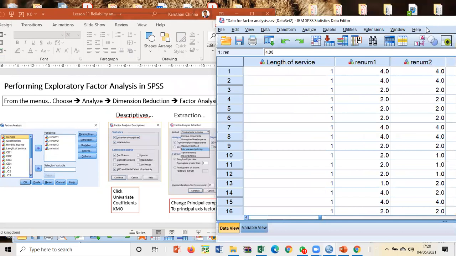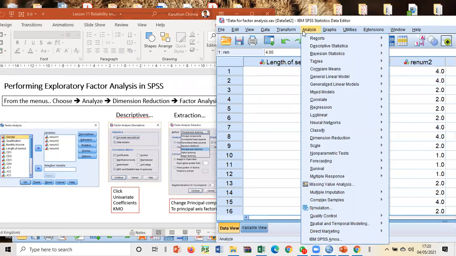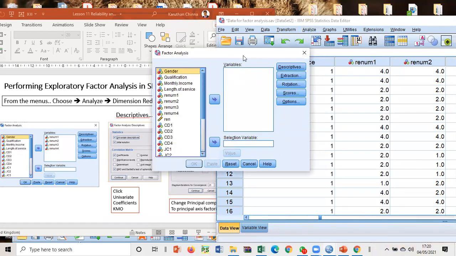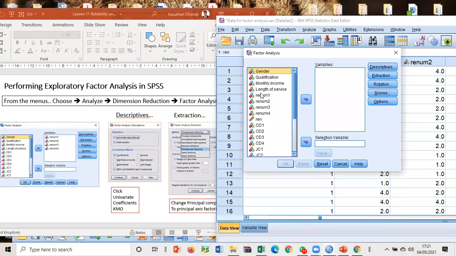Right. Analyze, dimension reduction. That means the 4 items there can I reduce into a smaller dimension. Factor. Which construct? Items on remuneration. All here.